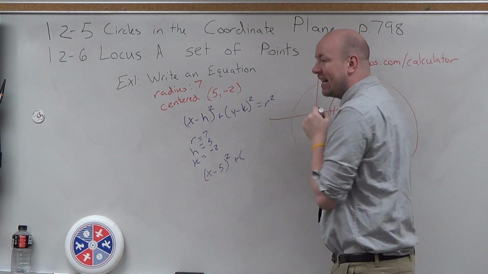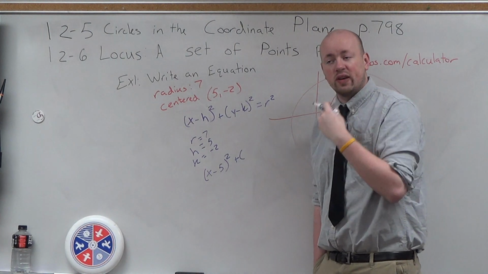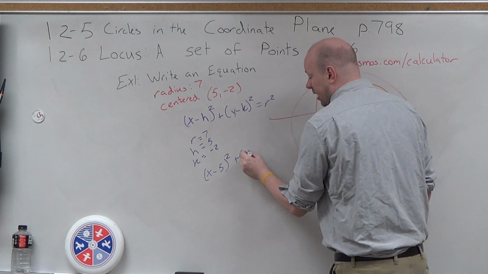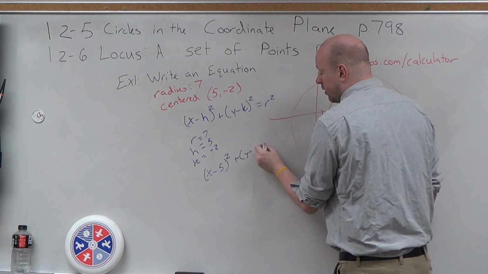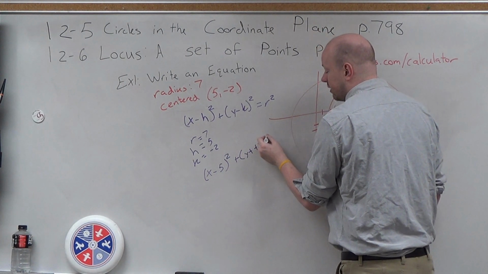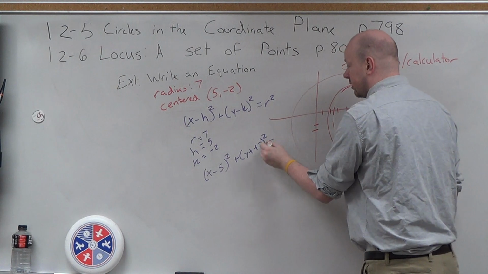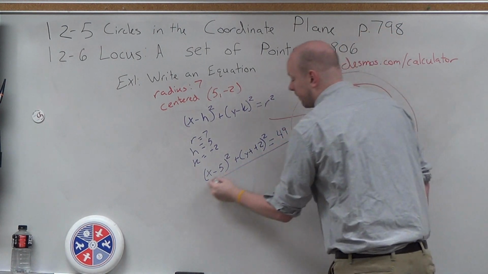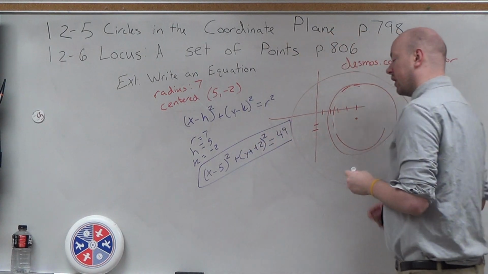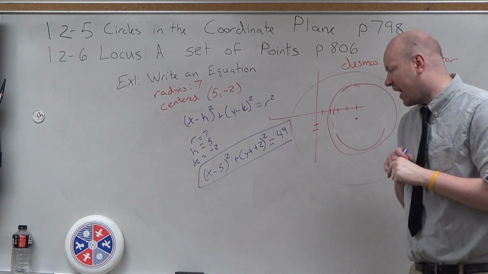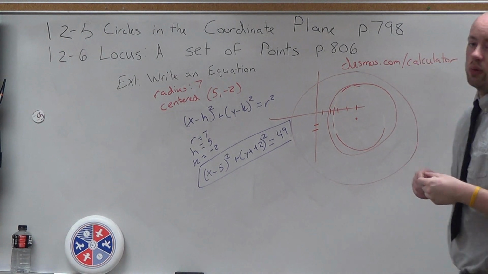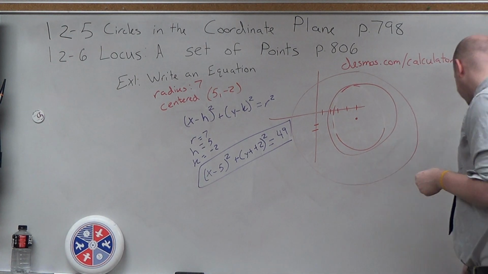So y minus -2. If I subtract a negative, that's the same thing as adding. So I get y plus 2 equals 7 squared, so 49. So my equation would be (x - 5)^2 + (y + 2)^2 = 49.